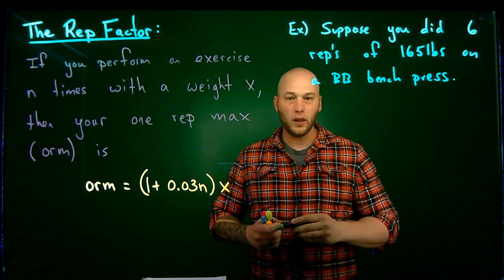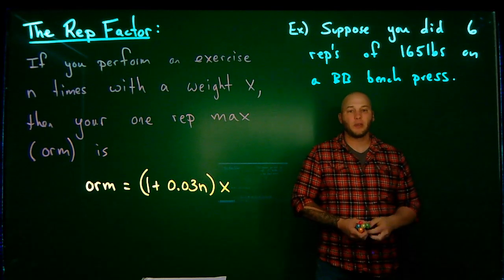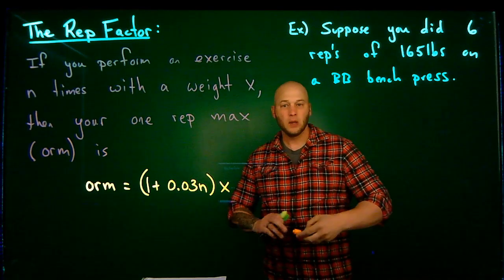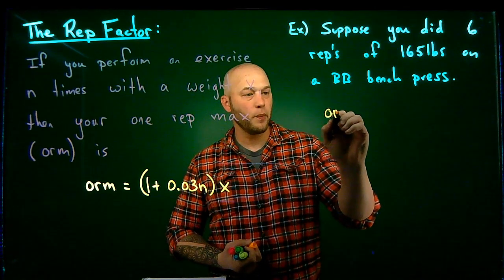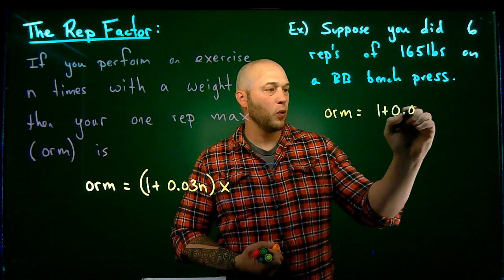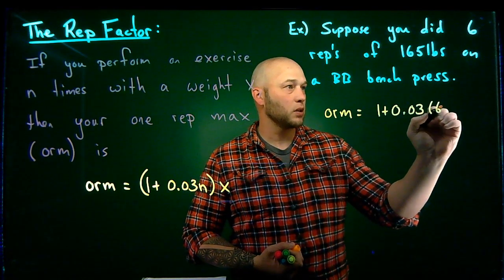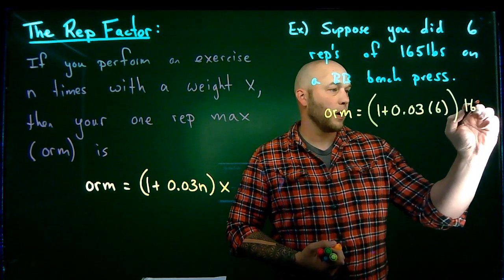What is your 1 rep maximum if you did 6 reps of 165 pounds? Using the formula that I have over here, your 1 rep maximum would be 1 plus 0.03 times 6, and then I'm going to multiply that by 165.